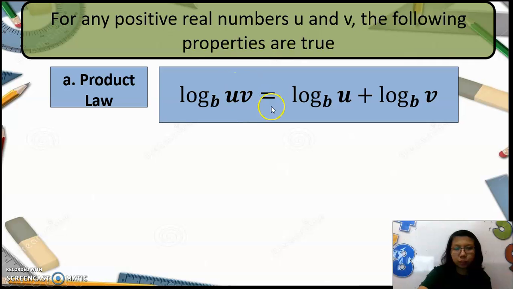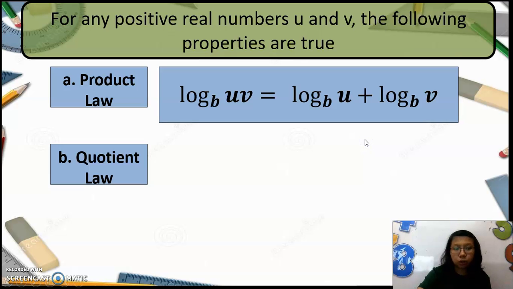So we can write this as logarithm of u to the base of b plus logarithm of v to the base of b. Okay, so we can separate or expand this logarithm into its expanded form with the use of this property, the product law. We just need to insert a plus sign to state that it is a product or multiplication of logarithms.